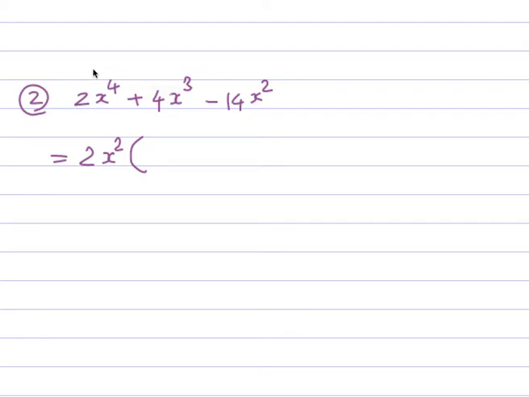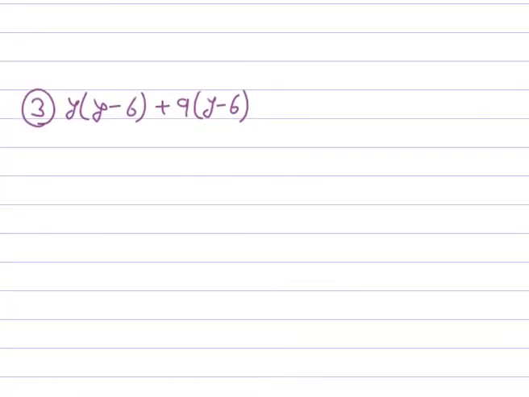From here we already took out 2x square, so just x square is left, plus here 4x cube, already took out 2, so 2 times 2 is 4, and x square we took out, so here just 1x, so 2x, minus 2 times 7 is 14 and x square already we took out. So this is our answer. If you have any doubt, you can ask me.